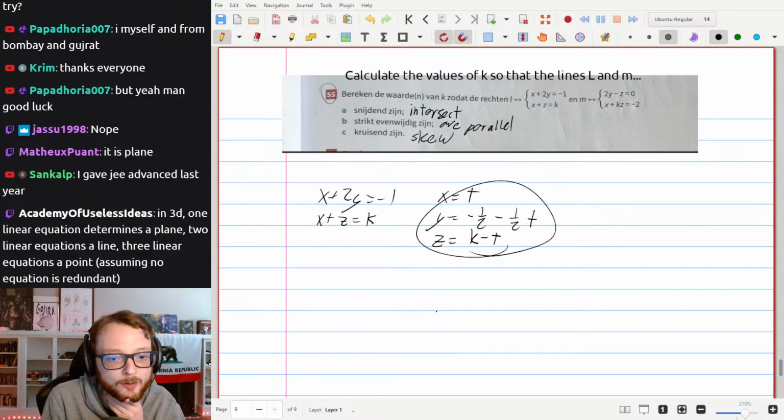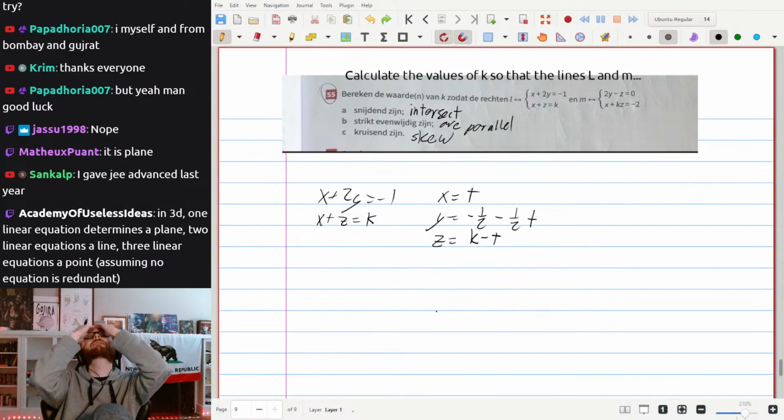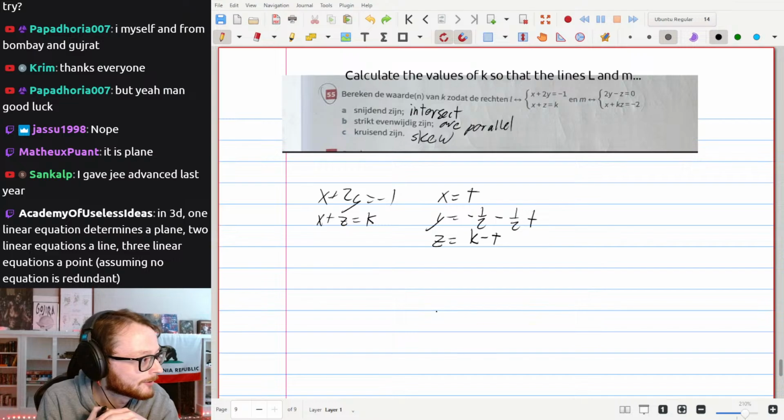That looks clearly like a line to me. Now, one linear equation defines a plane, two linear equations define a line. Oh my god, these are like vectors, right? Or wait, no, this is like the opposite of vectors. Or no, yeah, yes.